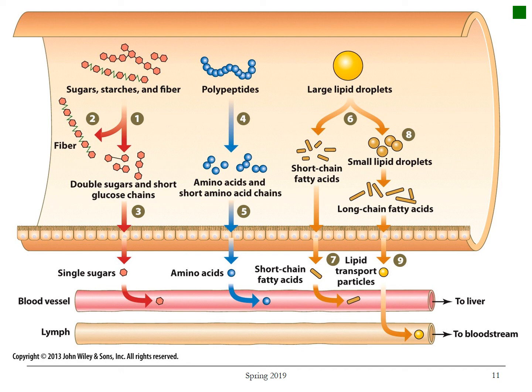Water-soluble nutrients and small products of fat digestion are released into the bloodstream and go to the liver. Larger fats and the fat-soluble vitamins assemble into chylomicrons. They then are released into the lymphatic system via the lacteals and enter the bloodstream nearer the heart, thus bypassing the liver first.